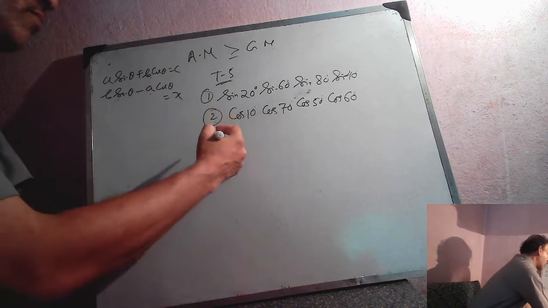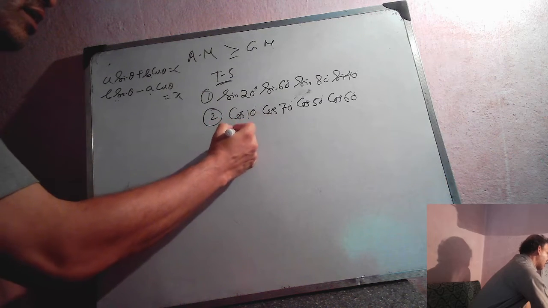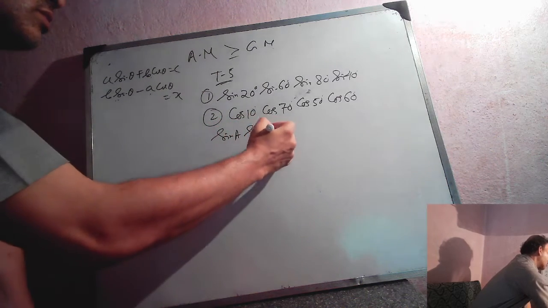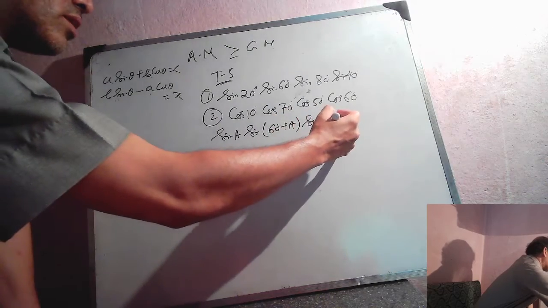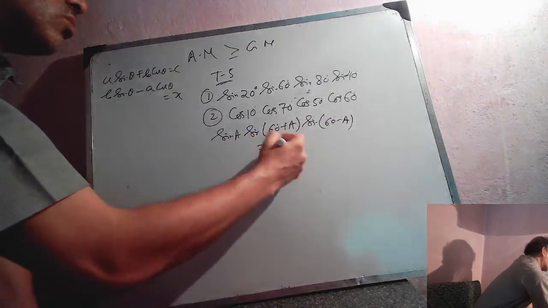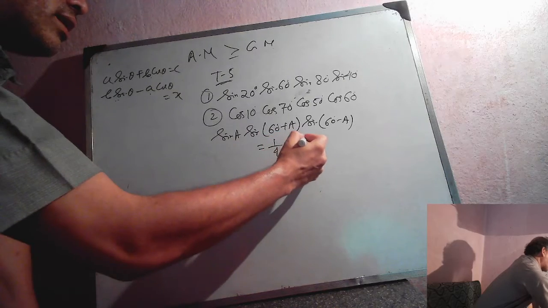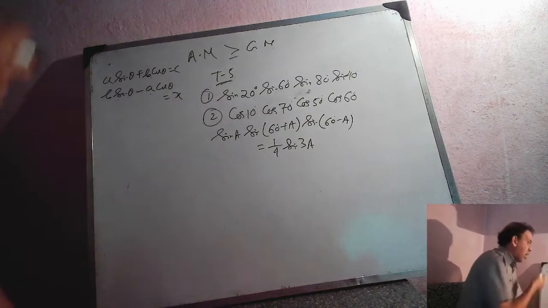Remember this formula: sin A sin(60 plus A) sin(60 minus A) equals 1 by 4 sin 3A. How will you prove it?